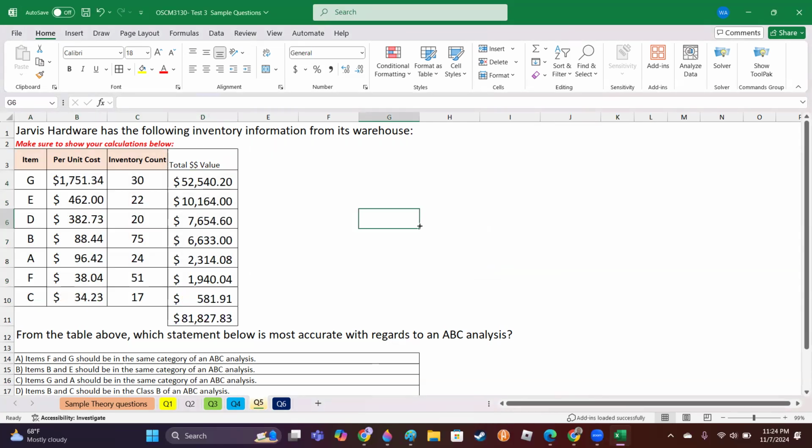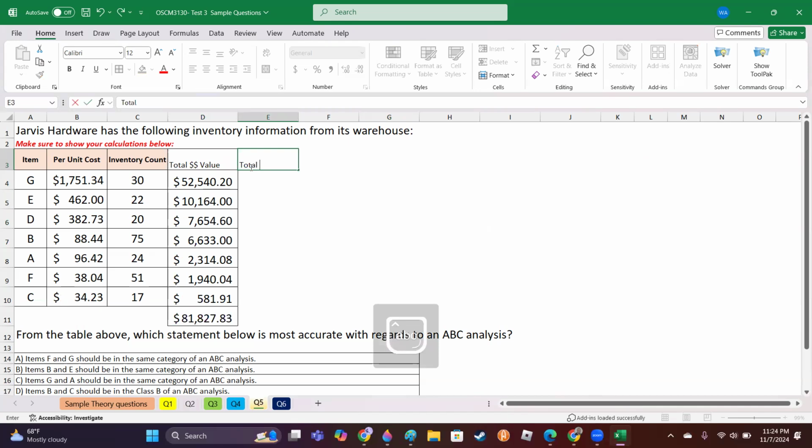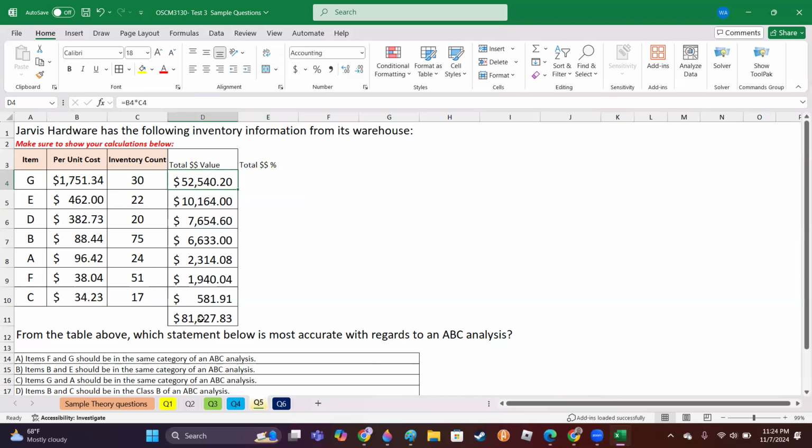Okay. So with that in mind, I can now put my total dollar percentages. I want to figure out what percent of total inventory this accounts for.